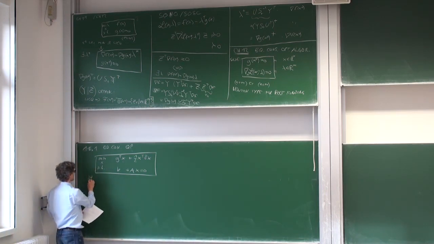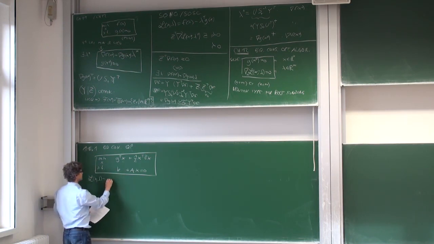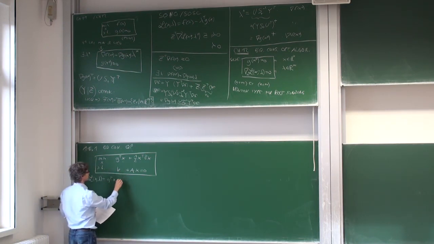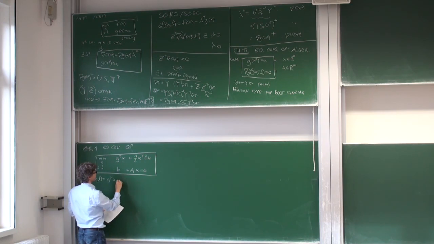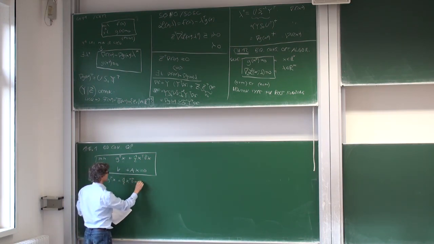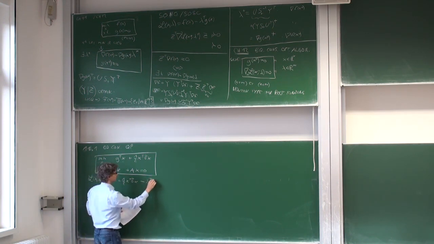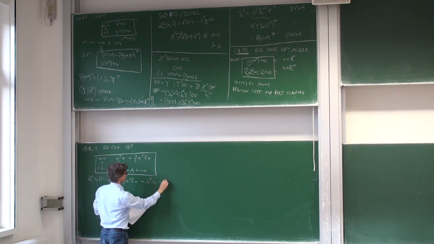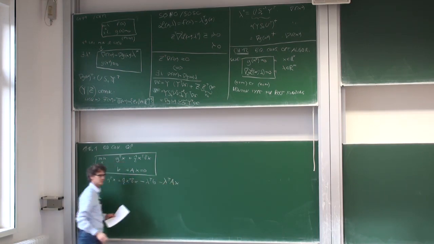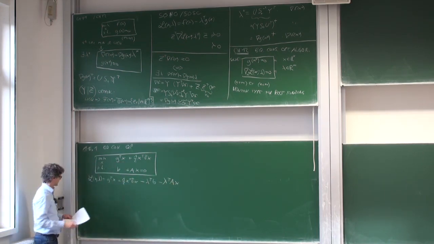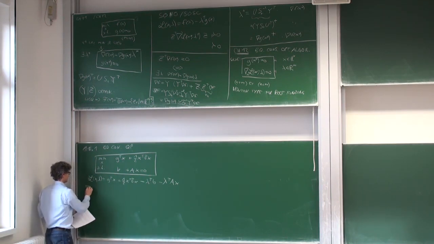Just to do this exercise, what is the Lagrangian for this optimization problem? It is g transpose x plus 1/2 x transpose Bx, minus lambda transpose b minus lambda transpose Ax. What is the gradient of L with respect to x?